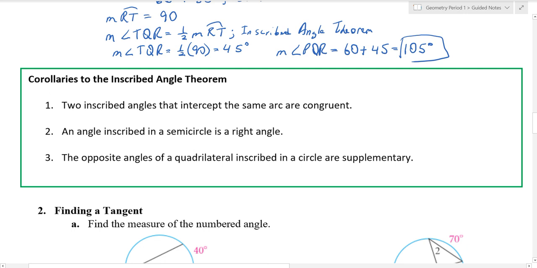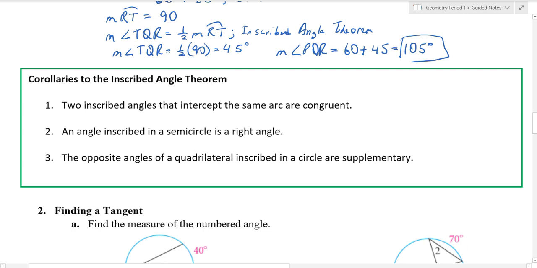And those are that 2 inscribed angles that intercept the same arc are congruent. An angle inscribed in a semicircle is a right angle, right? Because we know that a semicircle measures 180 degrees, and by the inscribed angle theorem, that inscribed angle would be half of that arc, and since half of 180 happens to be 90, that makes that angle a right angle.